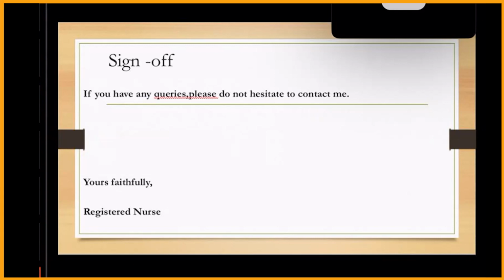It should be charge nurse. It is right because all nurses are registered nurses, so if there is something special, especially mentioned like charge nurse, it is good to write charge nurse. So please correct that. If you have any queries, please do not hesitate to contact me. Yours faithfully, charge nurse.